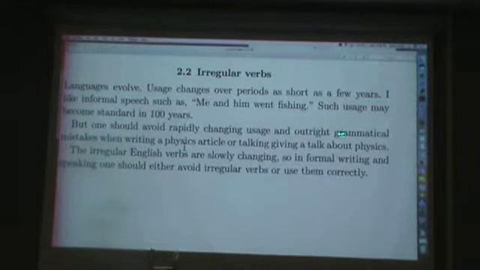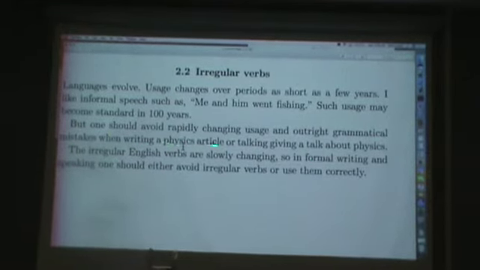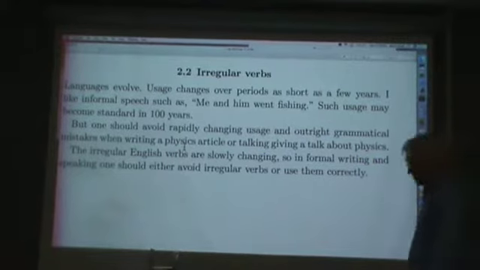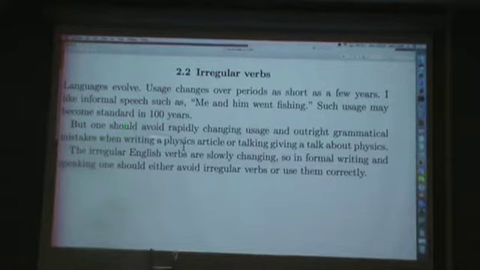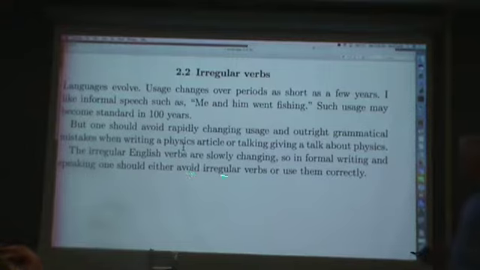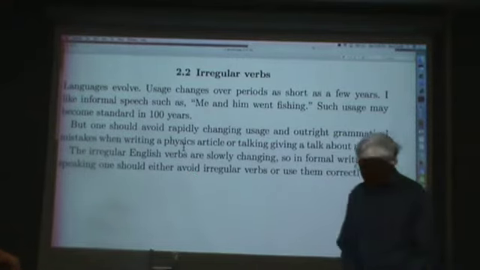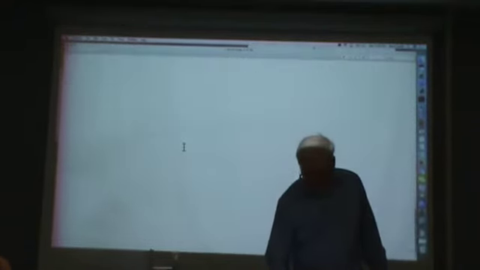And of course, if you're writing a physics article or giving a formal talk on physics, you want to avoid outright grammatical mistakes and also avoid changing usage. Now, the irregular verbs of English are slowly changing, so in formal writing and speaking, one should either avoid them or use them correctly.